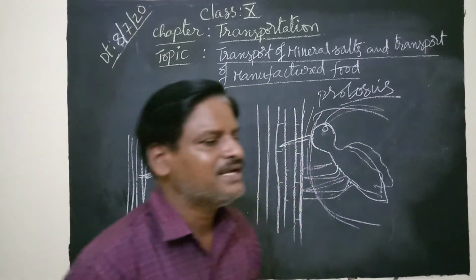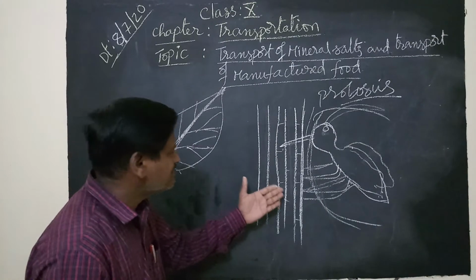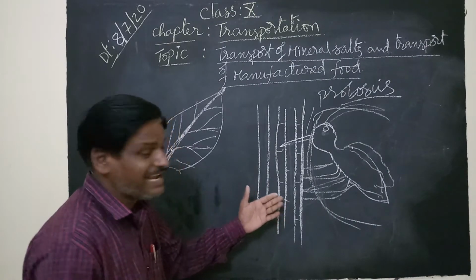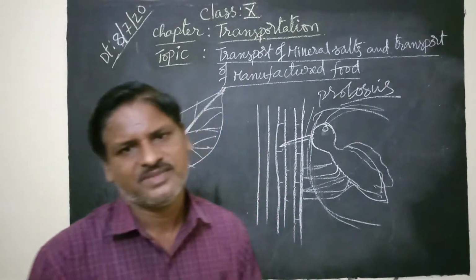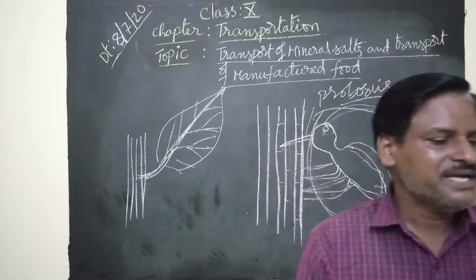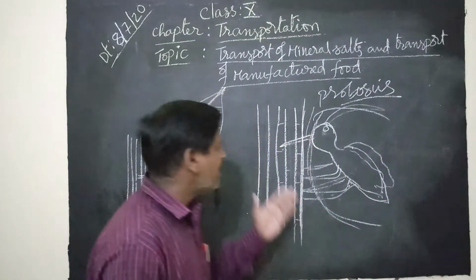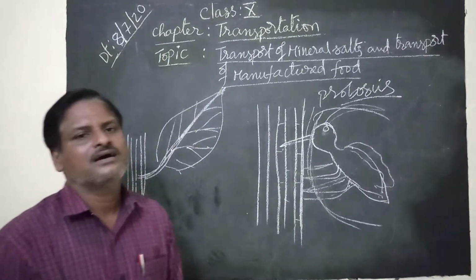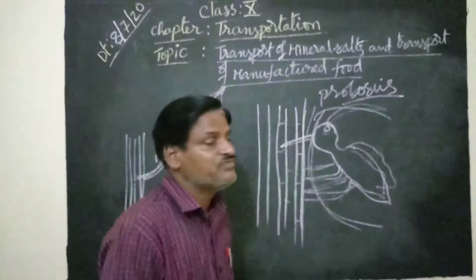Like that, they observed whether the phloem is helpful for the transportation of food materials. By this activity they observed how the aphid sucks the food materials from the phloem vessels.